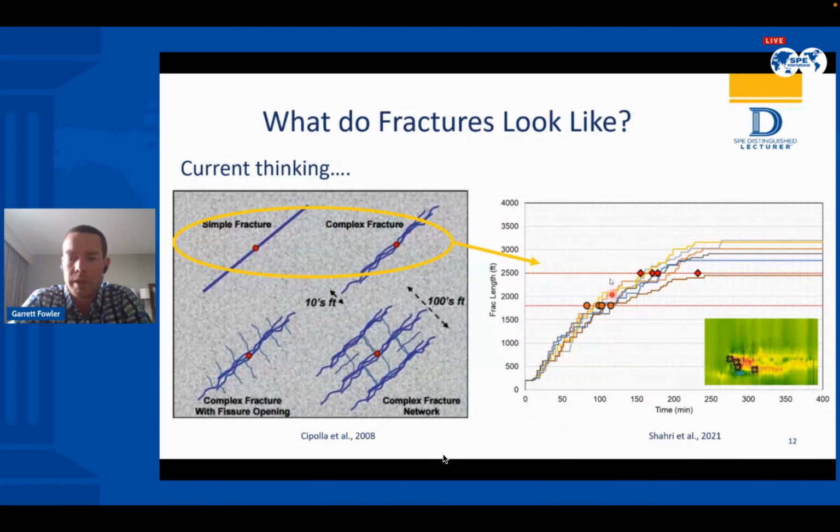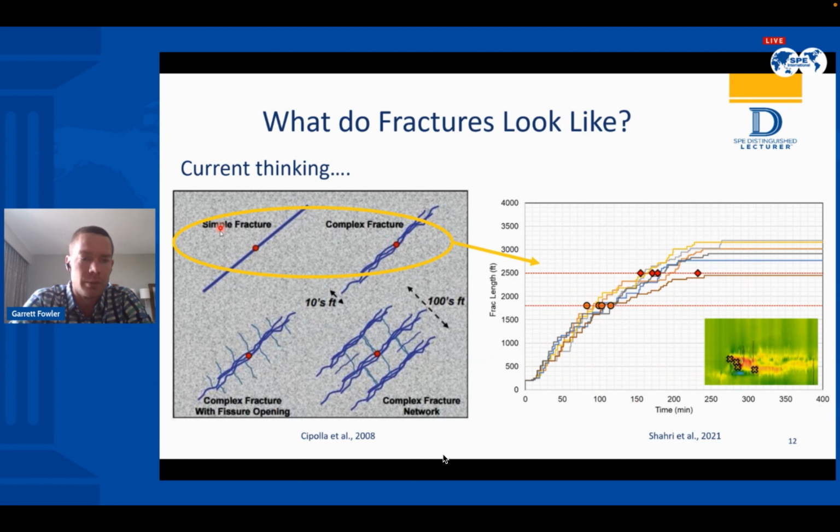And what we start to see is very discrete individual fracture crossings all along the same corridor. And so this is a paper from Apache that we wrote with them, looking at the characterization of fracture length versus time, and the way that we're able to reconcile that in a model and replicate these fracture crossings, as indicated by their circles and diamonds, is through the representation of a simple planar fracture.